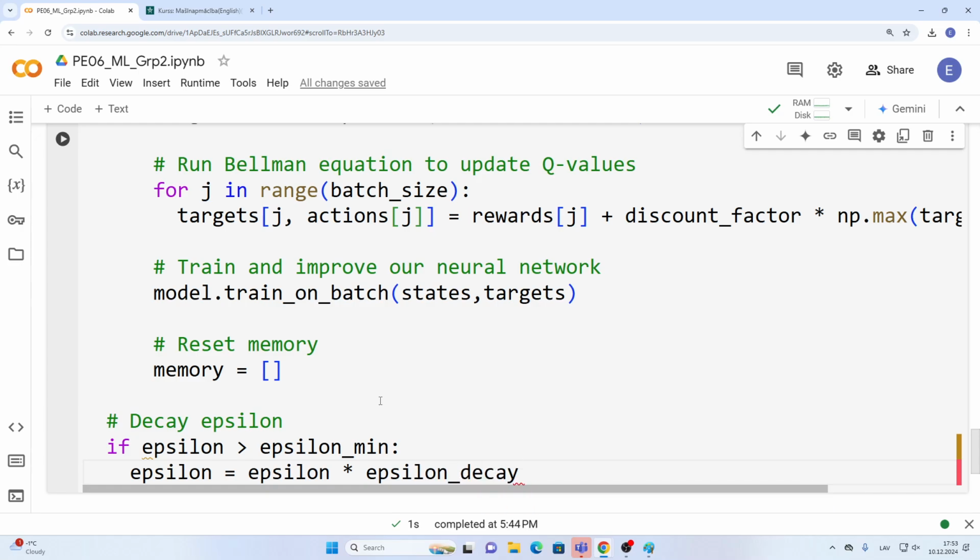So we reduce it because epsilon decay is a number less than 1, with each next multiplication becoming smaller, smaller, and smaller. And next time we run the next episode, the algorithm will have higher probability to actually seek the maximum reward, not just exploring randomly. Yes.